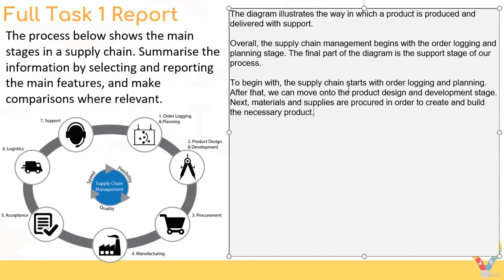To begin with, the supply chain starts with order logging and planning. After that, we can move on to the product design and development stage. Next, materials and supplies are procured, and there we have an example of a passive sentence, are procured in order to create and build the necessary product.